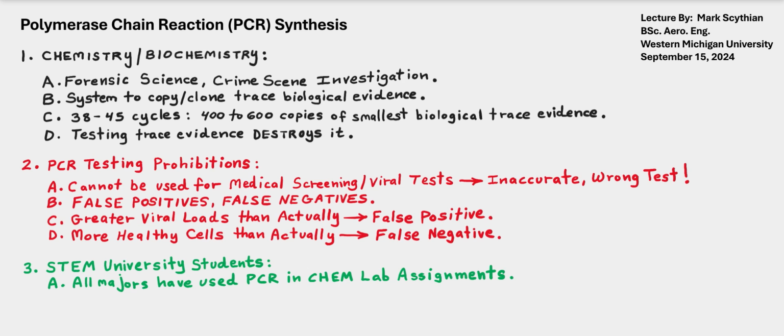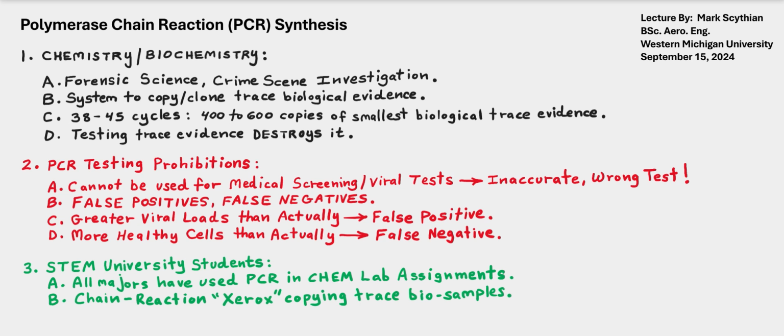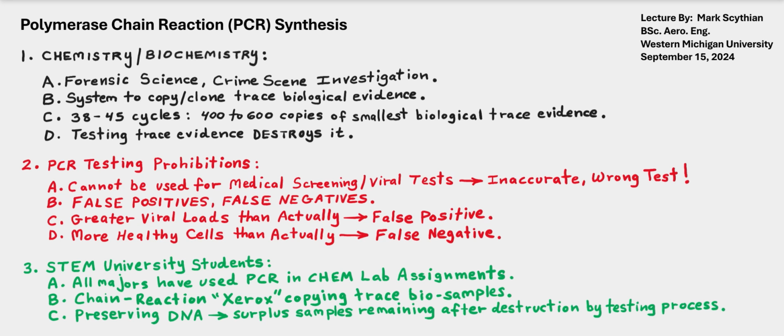So all majors have used PCR in chem lab assignments, all STEM majors that is, and so that's chain reaction, xerox copying trace bio samples. And why? Because you want to preserve enough DNA so that surplus samples remain after the destructive testing process.